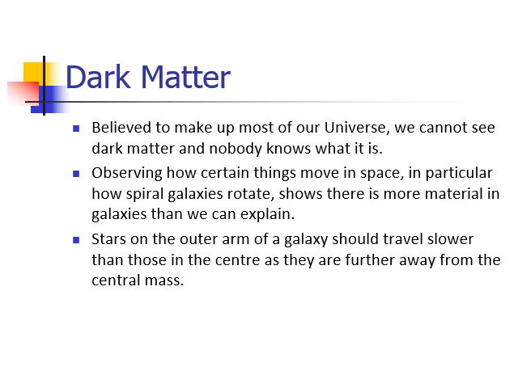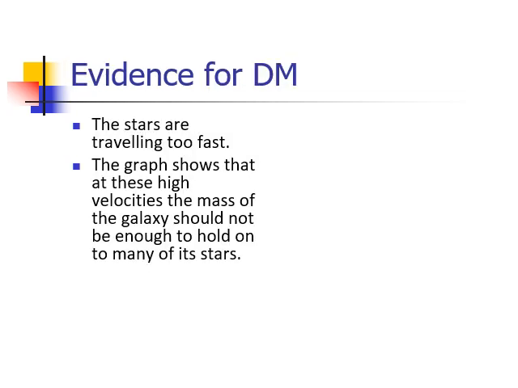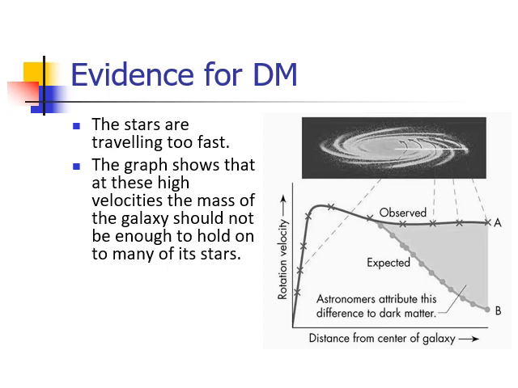This is stuff that we look at in advanced higher physics in terms of rotational motion. So the stars are going too fast, and what should be happening is that they shouldn't be able to hold on to all the stars on the outside. They should kind of spin off, a bit like if you're on a spinning turntable or a playground roundabout that's spinning around.